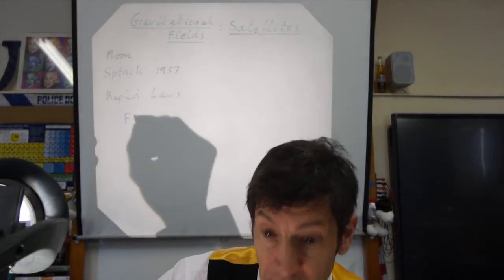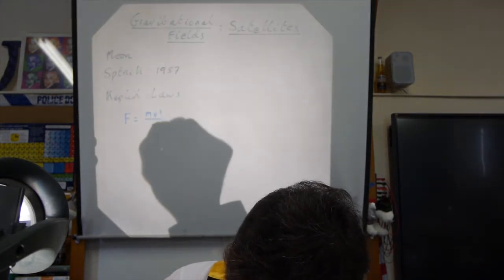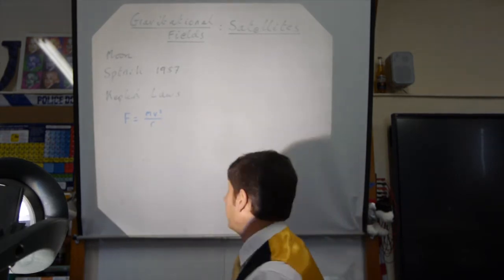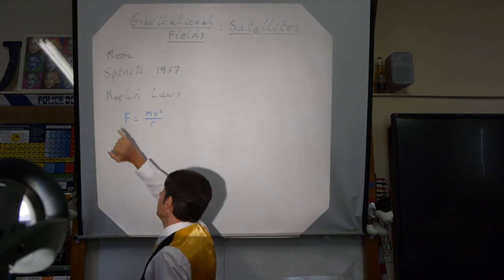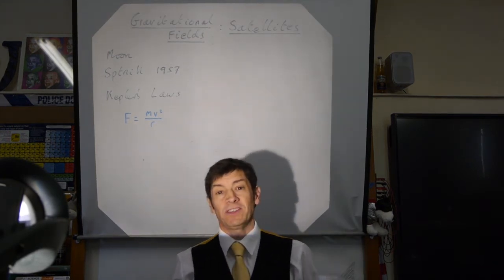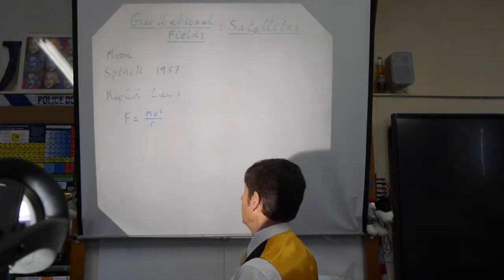So the force pulling a satellite inwards will be equal to mv squared upon r. And that force on the satellite is caused by the gravitational field of the Earth. I mean, more correctly, the combined gravitational field.